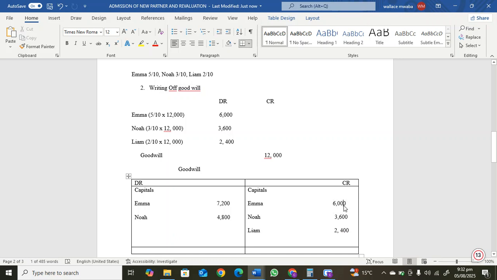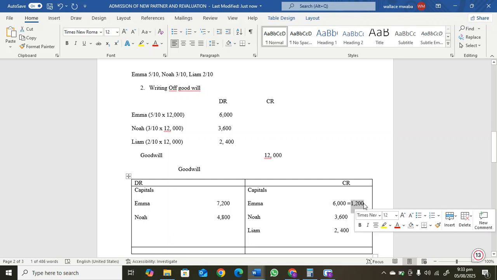So we have to find out, by her giving 6,000, how much has she lost from 7,200 down to 6,000? She's lost 1,200, which needs to be compensated by Liam.